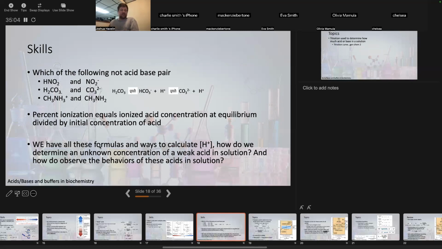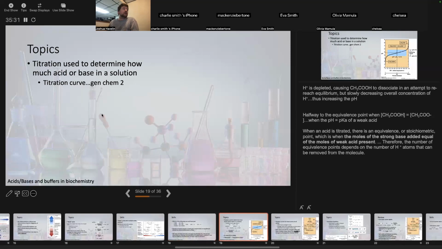We have all these formulas and ways to calculate the concentration of H plus. Ultimately, we want to determine the concentration of an unknown weak acid in solution. Essentially, what's the pH going to be if we throw a certain amount of weak acid into solution, and how do we observe the behaviors of those acids?